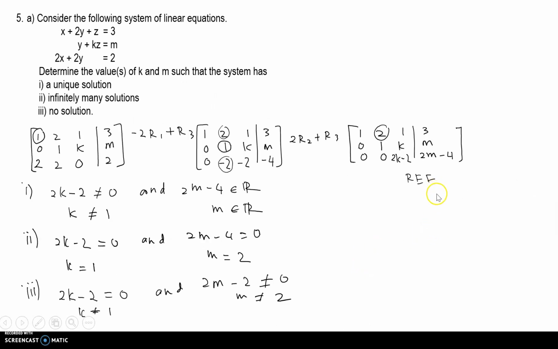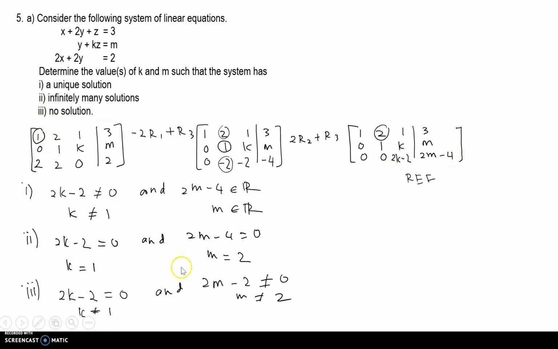Okay, next question. This will be the final question that I would like to discuss in the tutorial class. Firstly, you transform the given system into an augmented matrix. This is called an augmented matrix. And then using elementary row operations, you can reduce the augmented matrix to row echelon form. Then go back to this question. For a unique solution, the condition is left part not equal to 0, right part any real number.